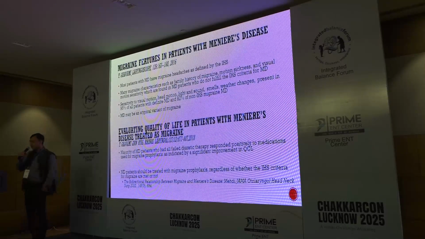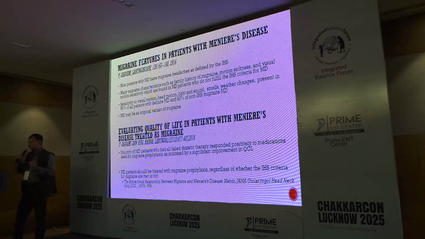Ghavami in 2016 did a study in which he said that most patients with Meniere's disease had migraine headaches as defined by the International Headache Society. Many migraine characteristics such as family history of migraine, motion sickness and visual motion sensitivity are found in Meniere's disease, though they do not fulfill the IHS criteria.